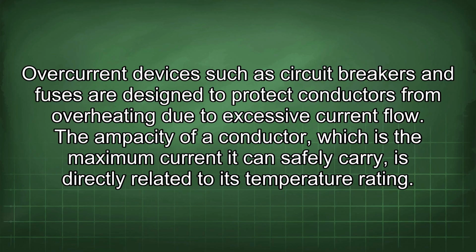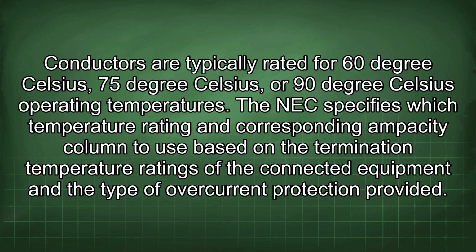to its temperature rating. Conductors are typically rated for 60°C, 75°C, or 90°C operating temperatures. The NEC specifies which temperature rating and corresponding ampacity column to use based on the termination temperature ratings of the connected equipment and the type of overcurrent protection provided.